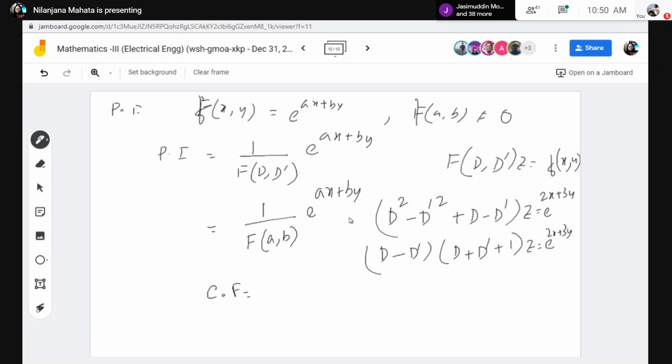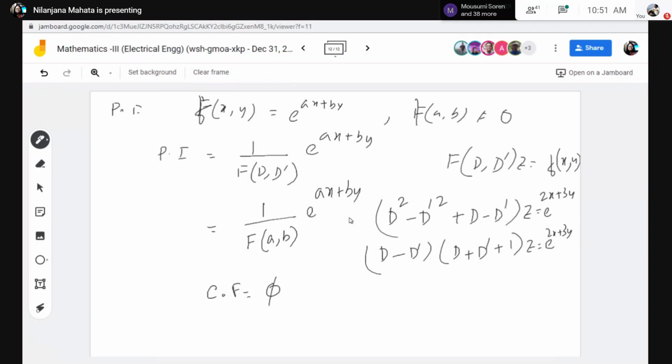What is your CF? Here A is 1 and this is minus 1, so the e to the power term will vanish because C is 0.